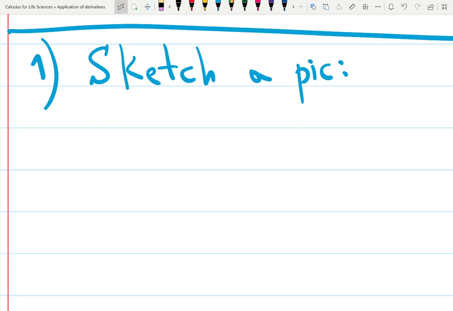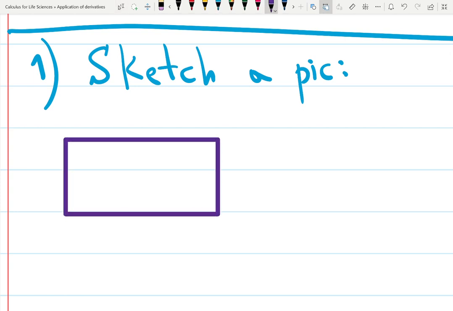So, sketch a picture. We have a fence. Let's make a very general rectangle, not too thin, not too thick, and not a square. The area of this rectangle is unknown, but we do know the sides, which we like to call length and width.